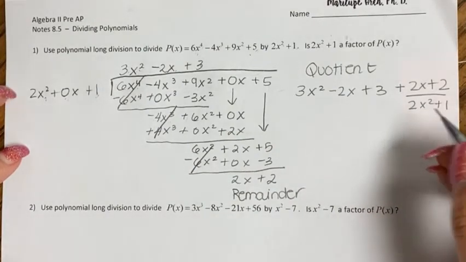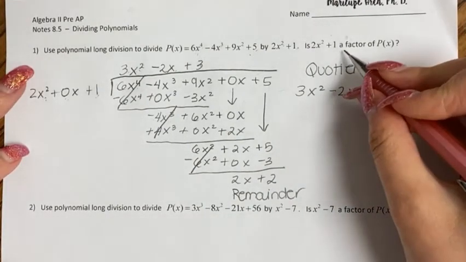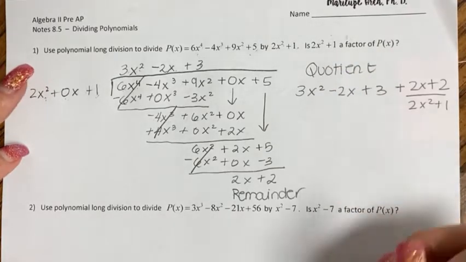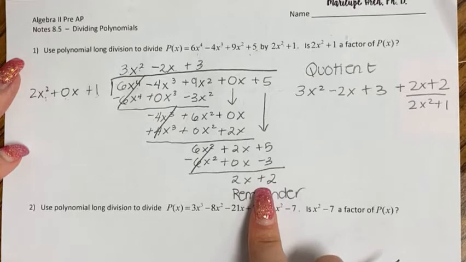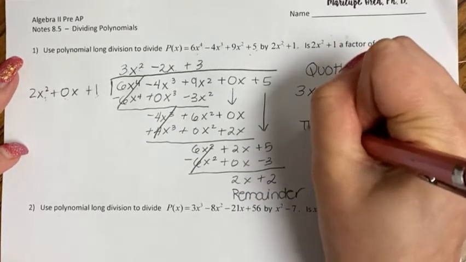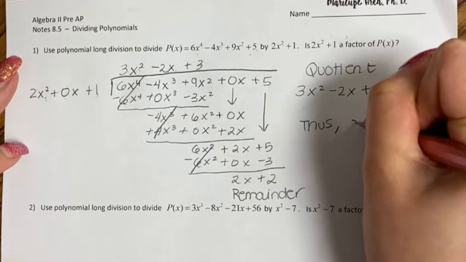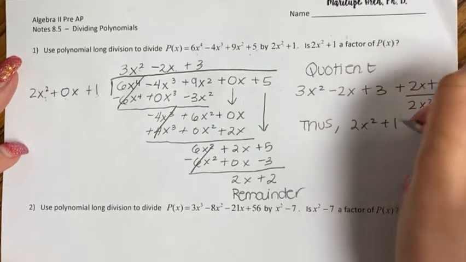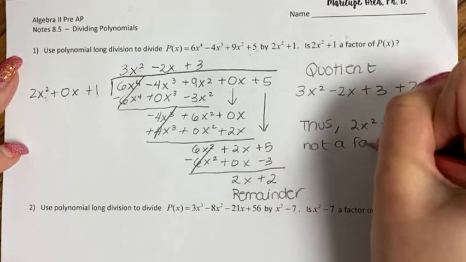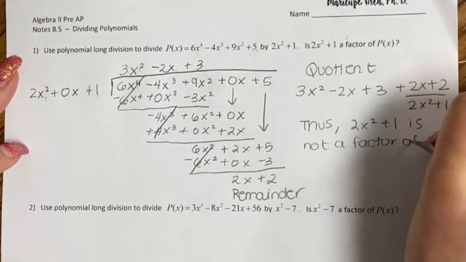Now, is 2x squared plus 1 a factor of p of x? Well, since you have a remainder that is different than 0, the answer is no. Thus 2x squared plus 1 is not a factor of p.